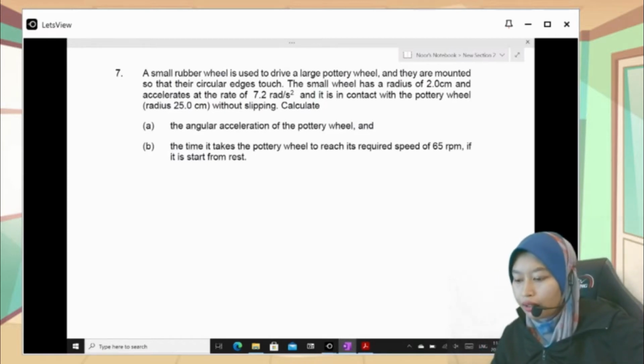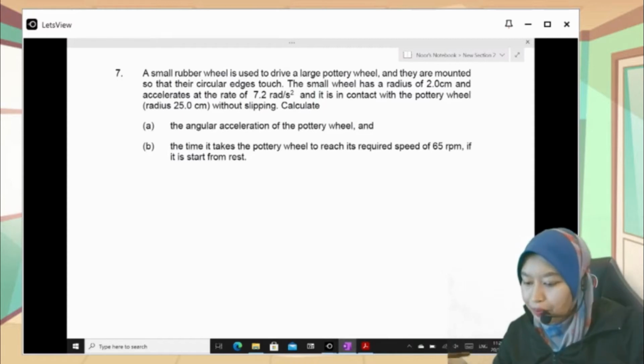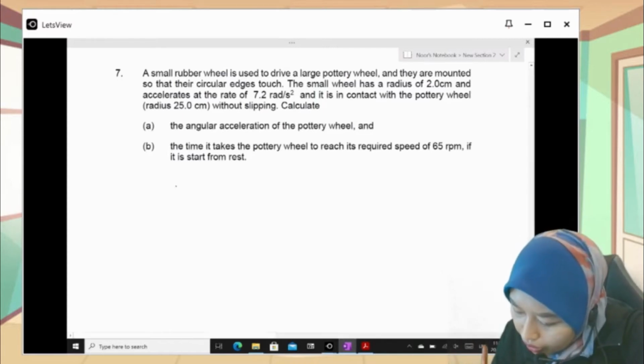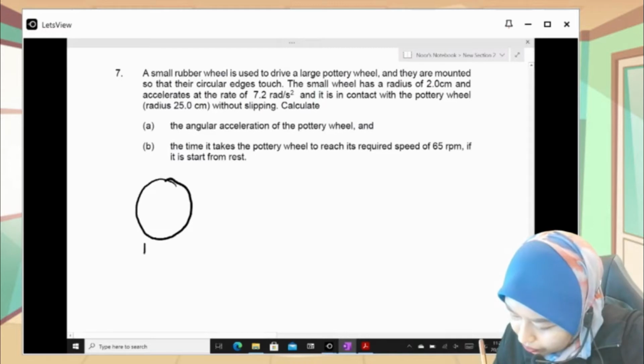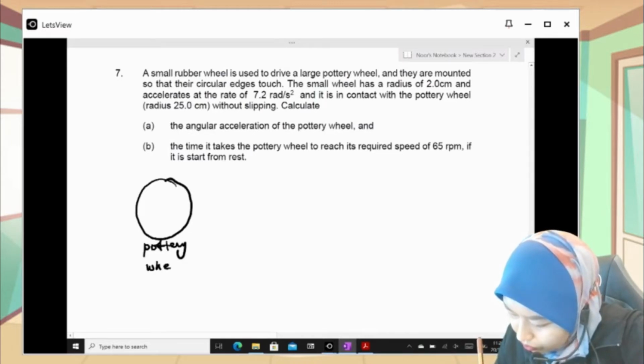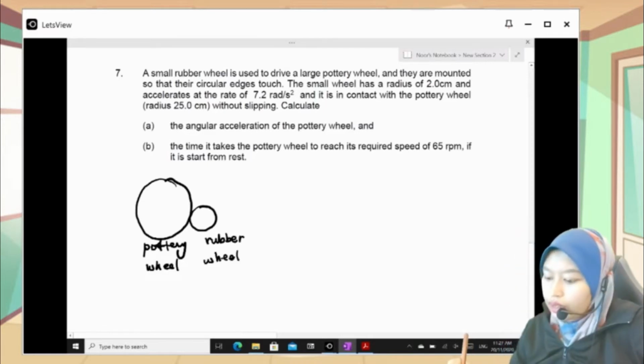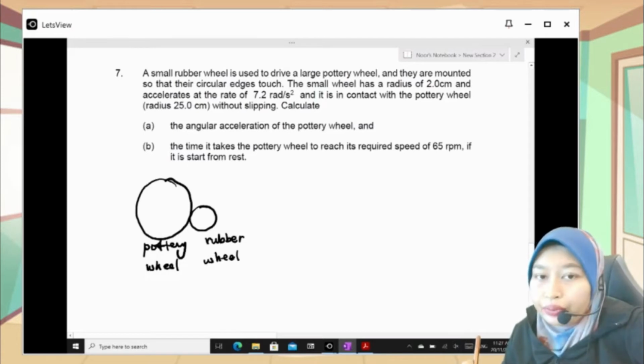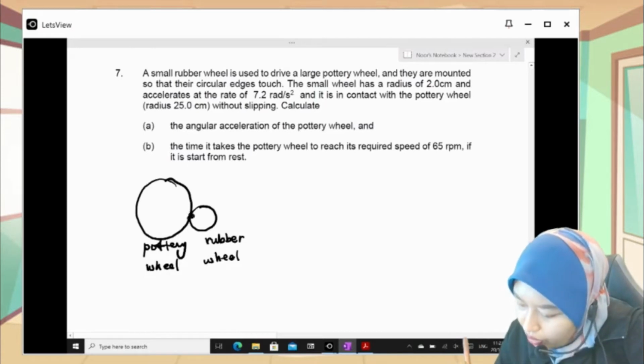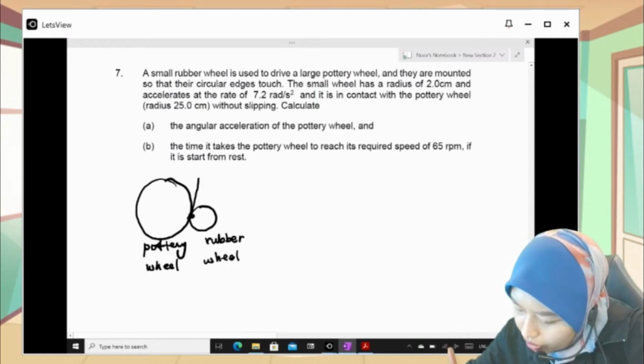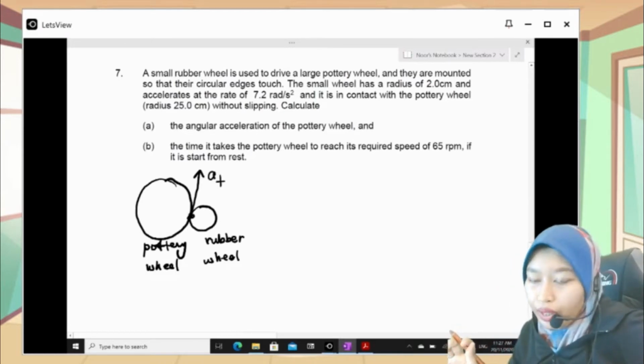Let's sketch how the situation is. So we have the large pottery wheel, and we have the small rubber wheel. This small rubber wheel touches the pottery wheel at one point. So at this point, there is tangential acceleration for both wheels.